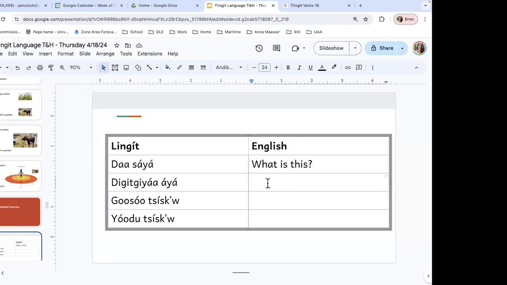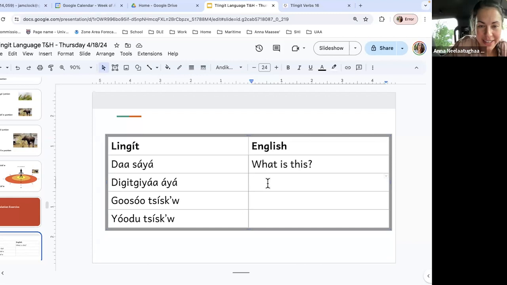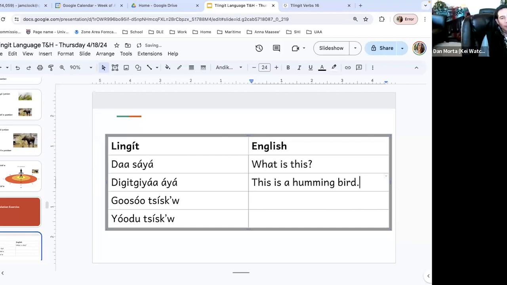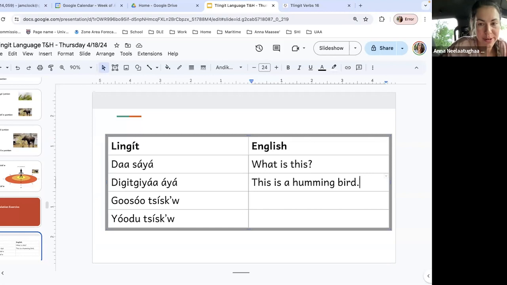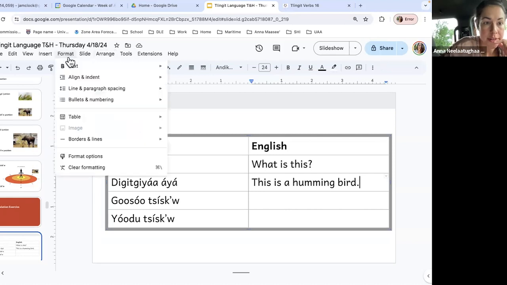Here. Really close. Here. Yeah. This is a hummingbird. Could it be here's the hummingbird? If you wanted to say here's the hummingbird, what would you guys say?